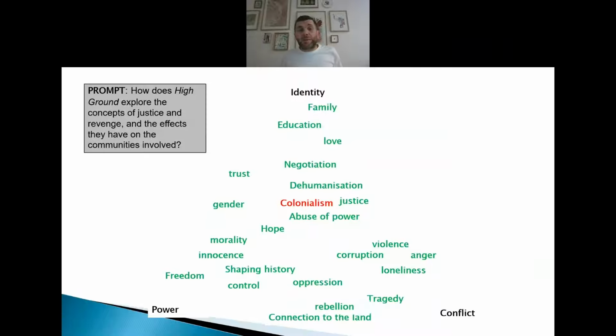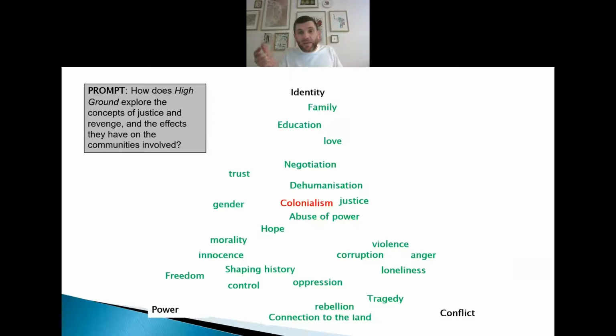So here we have justice. Justice relates to the idea of dehumanization, maybe it relates to the abuse of power. So in this case, you could say that Miranda is wielding the notion of justice in order to dehumanize and abuse his own power, because he's saying that justice has been met through the killing and the rounding up of Indigenous people.